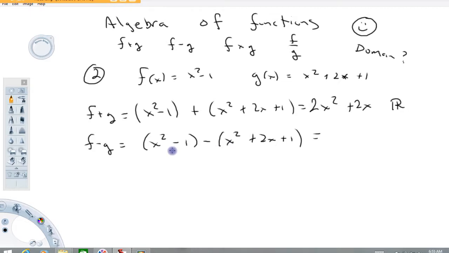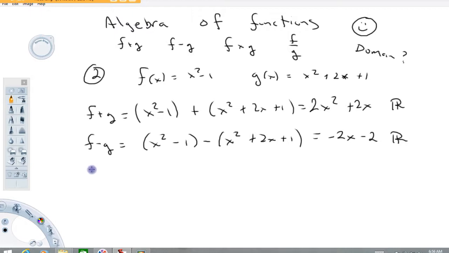There's no linear term, no x term, but there is over here, so you can think of it as 0x minus 2x. And then the constants, negative 1, and then minus 1. So we're going to have negative 2. This is a linear function. There's no radicals or division by zeros, so the domain is all real numbers.